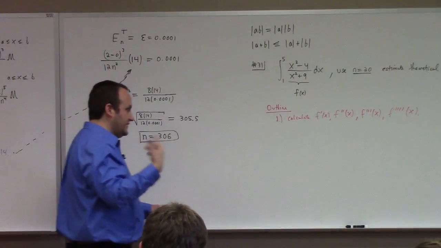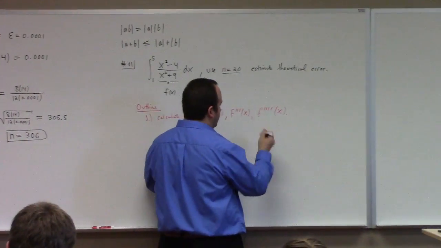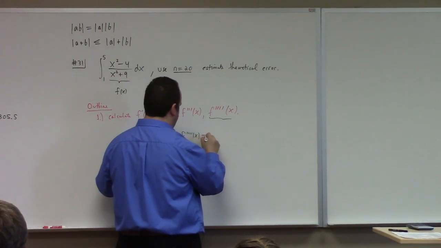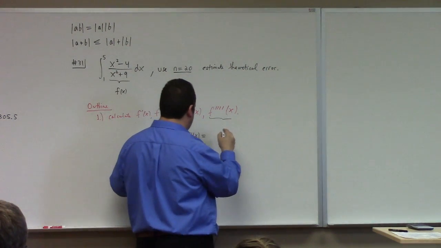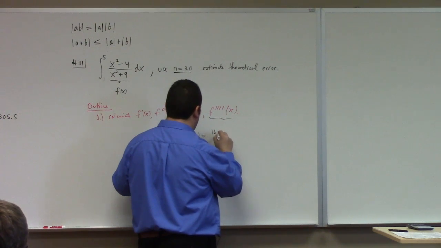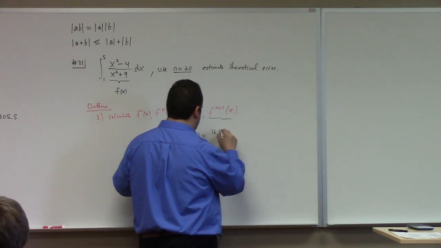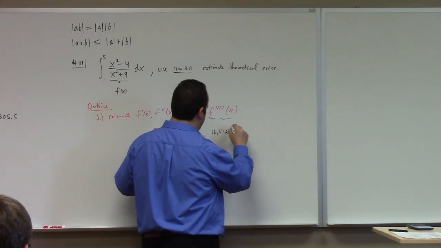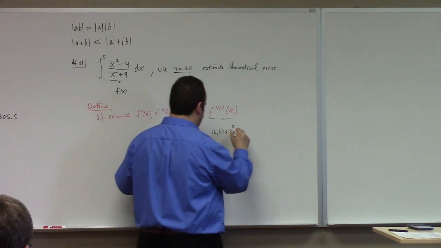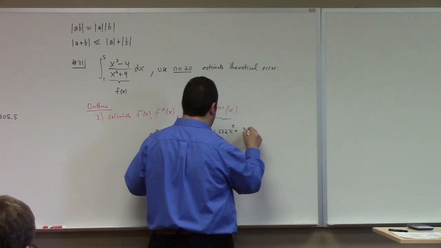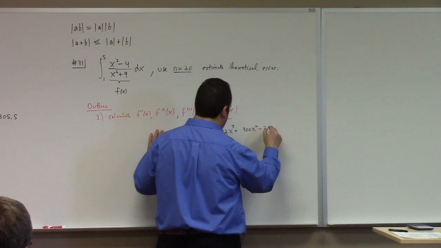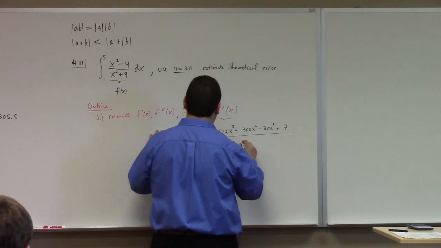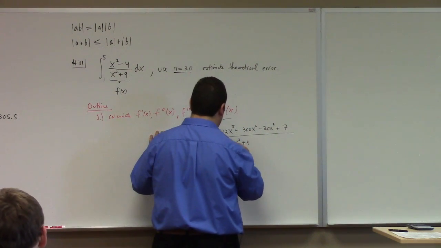All right. Once you do this, it's going to be some expression like, hypothetically, and this is not what it is, but let's just suppose it was 16,672 x to the 5th plus 300 x to the 4th minus 20 x cubed plus 7, all divided by, this much I'm sure about, x squared plus 9.